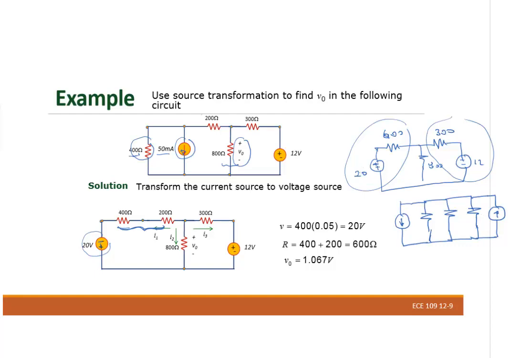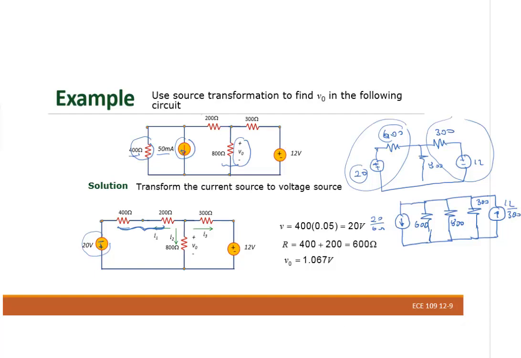Easily you can combine 20 divided by 600 right there. This is 600, this is 800, this is 300, and this is 12 divided by 300.